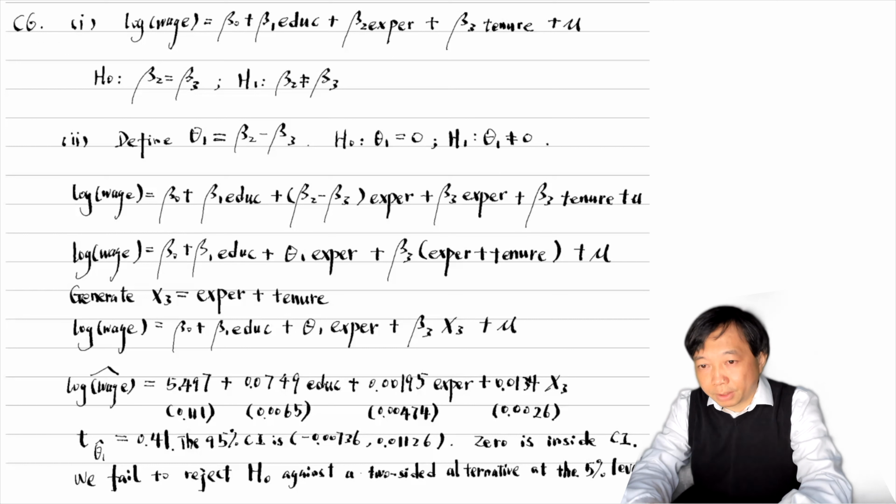Since 0 is inside the confidence interval, we fail to reject the null hypothesis that another year of general work experience has the same effect on wages as another year of tenure with the current employer against a two-sided alternative at the 5% level. Remember that the 95% confidence interval corresponds to the 5% significance level against a two-sided alternative.